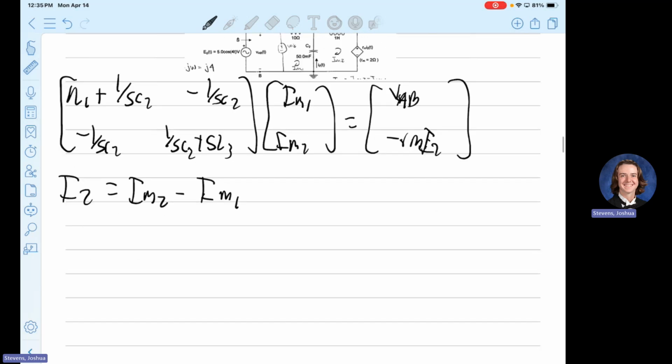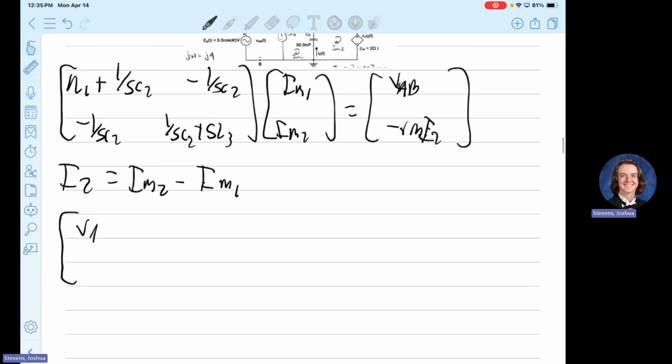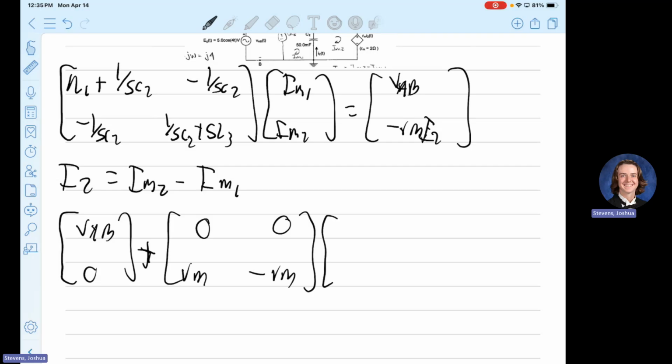All right, so I'm going to separate them. VAB, 0, plus, I'm just going to go ahead and put it in the matrix where it's already in terms of resistances. 0, 0. For this one right here, it's going to be RM, and this one's going to be negative RM, all times IM1, IM2.